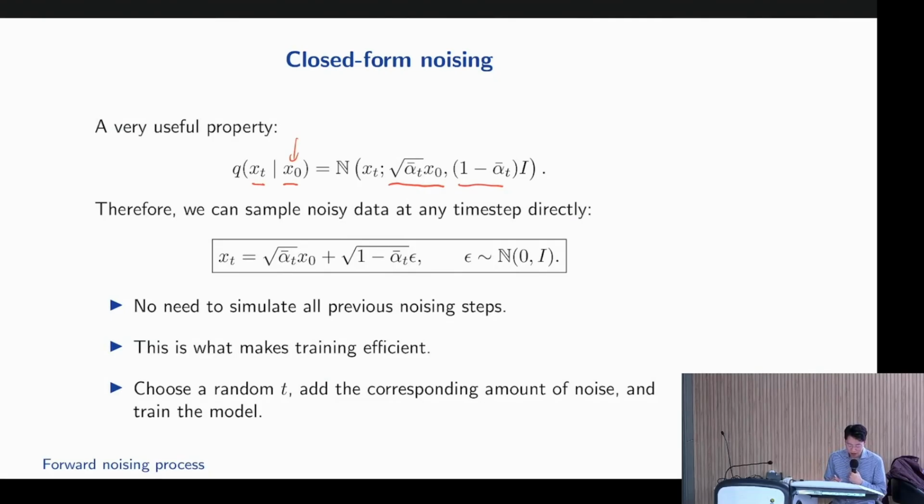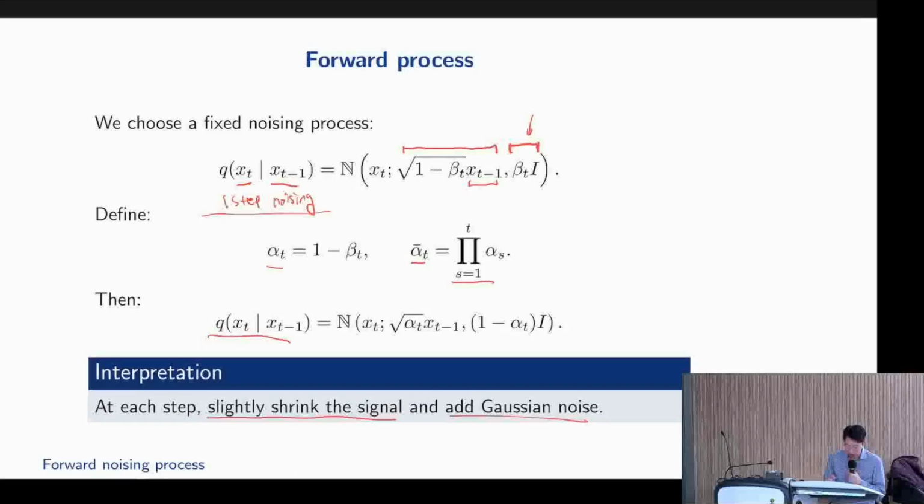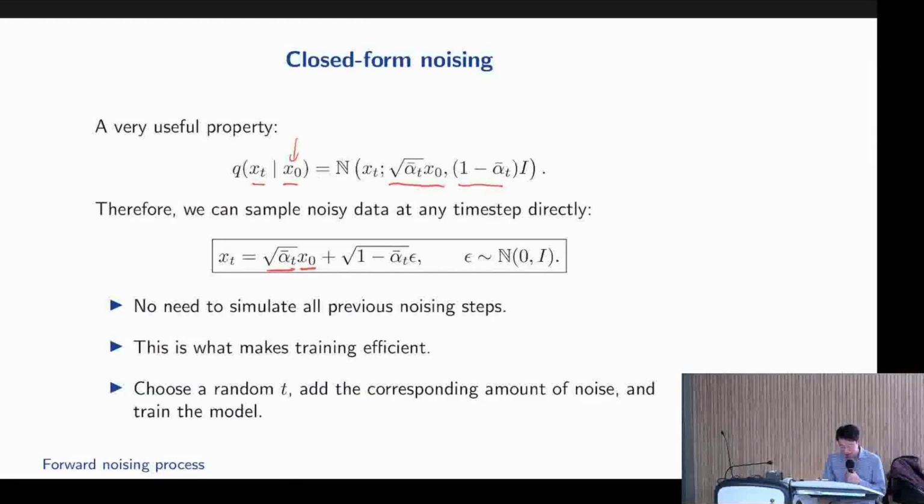So how do you sample t-step noisy data? You can do it efficiently. Given the clean data, you shrink the mean by one-shot multiplying square root of alpha t bar. Remember, alpha t bar is the multiplication of all the previous alphas, plus square root of 1 minus alpha t bar times epsilon, where epsilon is a standard normal distribution sample.